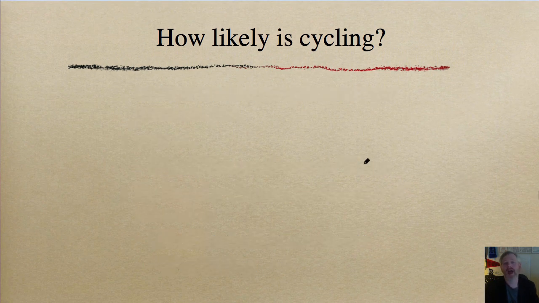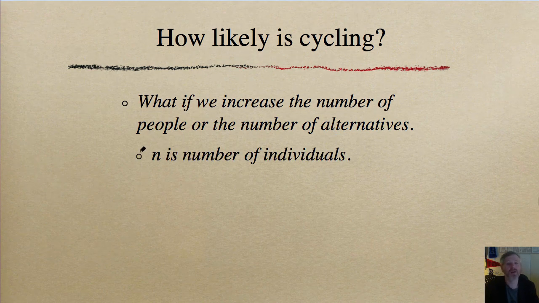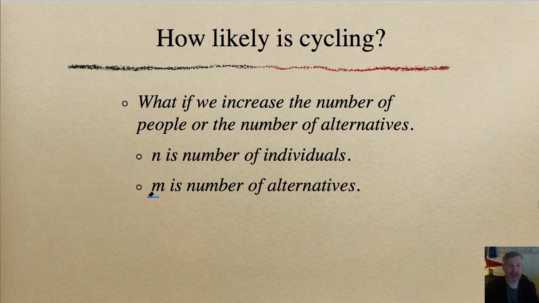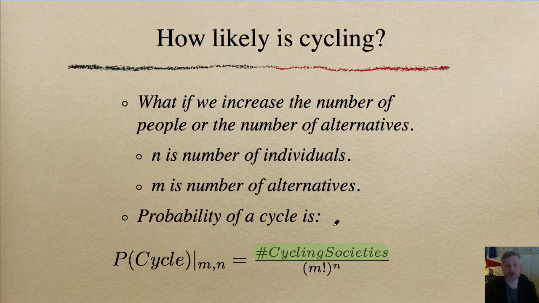So what happens if we start to increase the number of people or we increase the number of alternatives? How likely is cycling then? So we're going to call N the number of individuals, and M the number of alternatives. And if you have that, then you can calculate the probability of a vote cycle. You use this formula, all right?